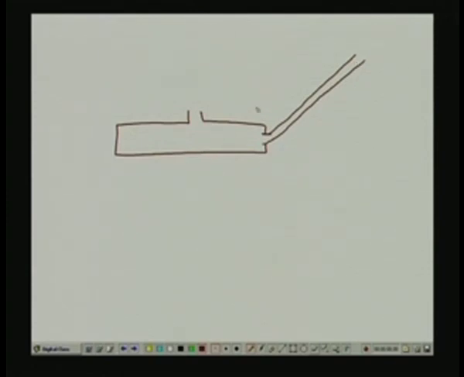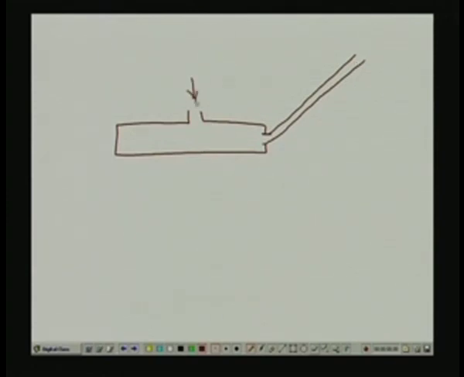So, we have here, I am sorry, so there should be... see here. Now, instead of that, they made an inclined tube, right. Now, what will happen?